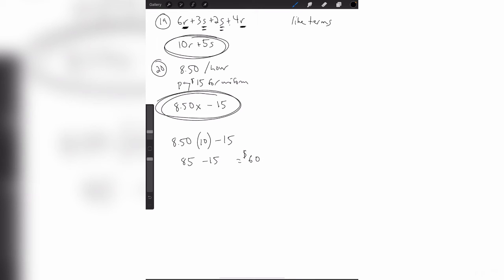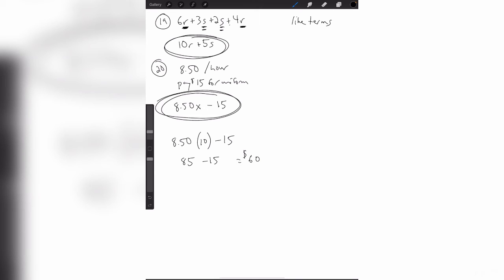Yeah, so the first week, you would end up making $70 if you just worked 10 hours. If you worked more than that, then you'd make more money. But the key thing is to subtract that $15 for the uniform. It's a one-time fee, though. All right, number 20.